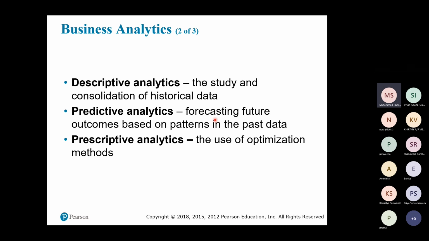From the data that we already collected, we try to predict the future trend. We try to predict how big the number can grow. We try to predict the rate of growth for the situation. That is what we call predictive. We try to forecast. First we describe, and then we start to make assumptions and try to predict the future. That is the second step in business analytics.